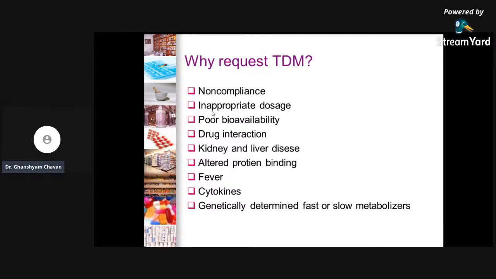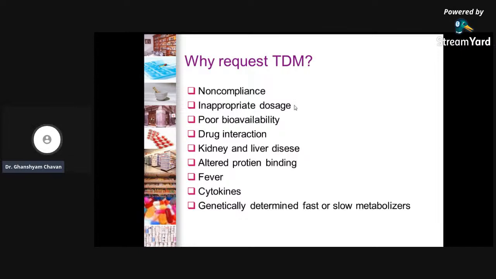Next problem is inappropriate doses. Sometimes the patient won't get the appropriate dose of that particular drug. It occurs especially in the case of liquid preparations, when a single-dose unit is not available.